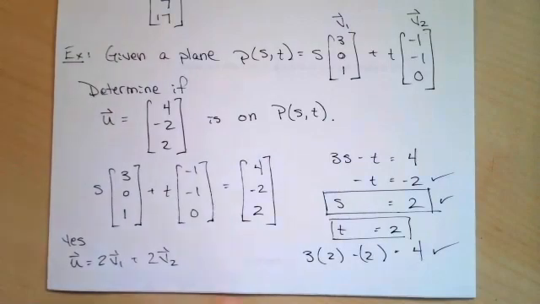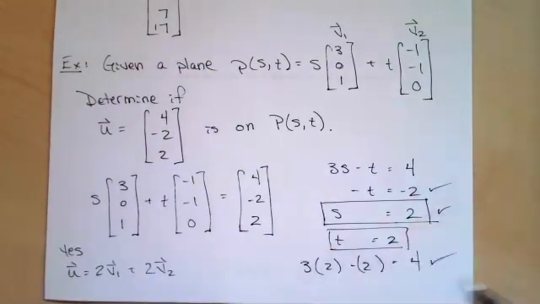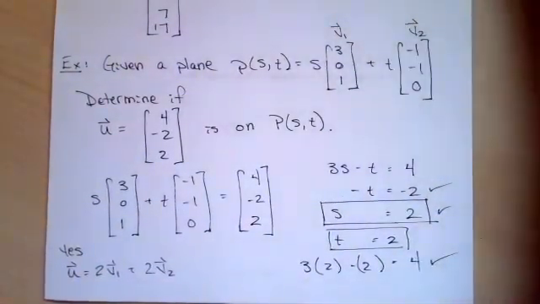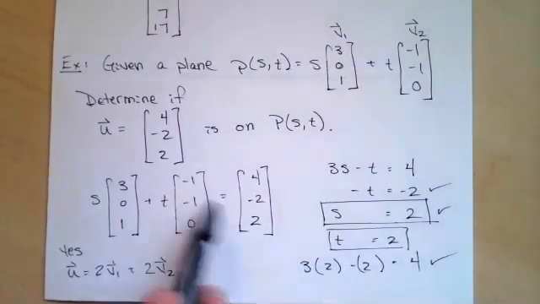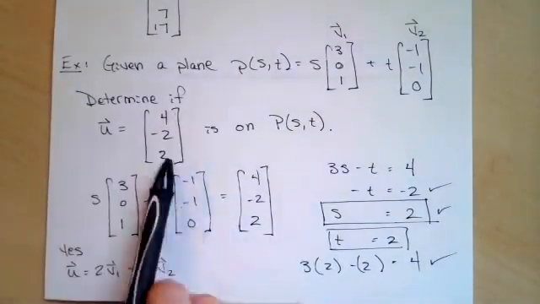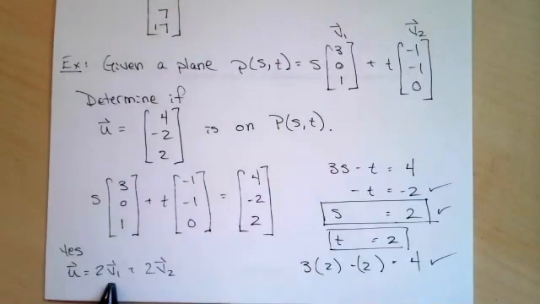In other words, let's take a look at what we've written in terms of our definition of a linear combination. What we have shown is that this vector u that is on the plane is a linear combination of the directional vectors. Namely, it's 2v1 plus 2v2.